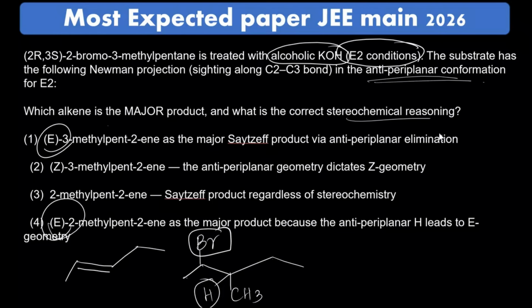Which is option E, right. And option 4 seems also a right statement. I'm not sure they're asking for both or not, but the E configuration is what would be formed. Okay, anti-elimination happens over there.